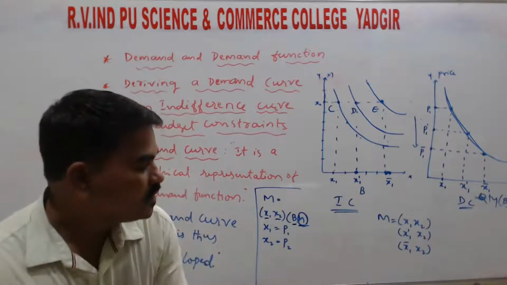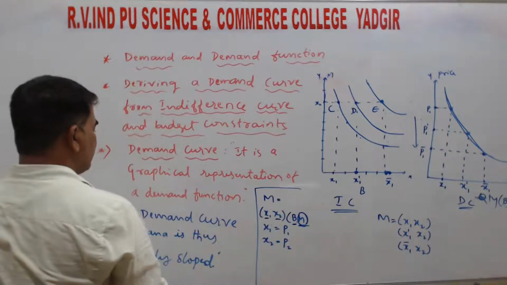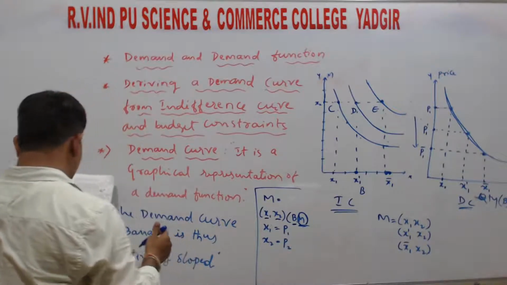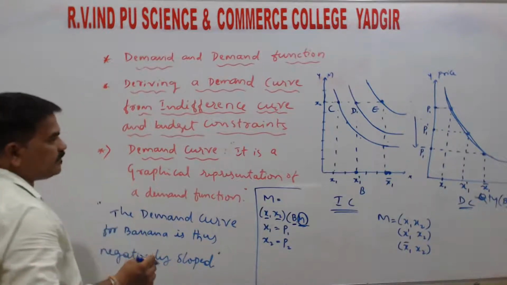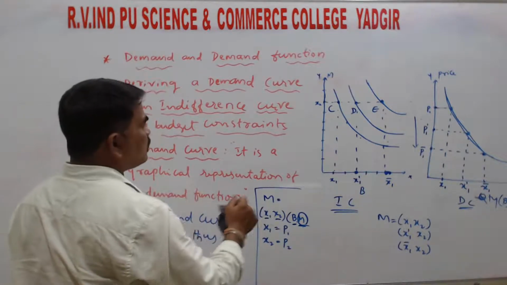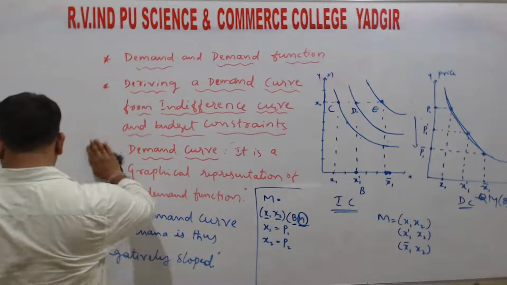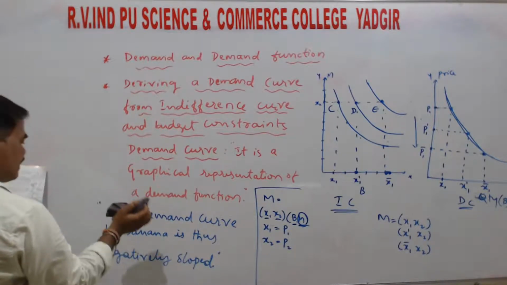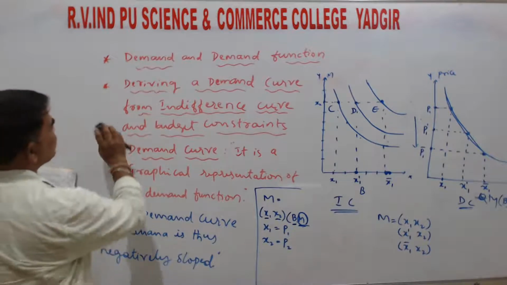Now, this negative slope of the demand curve can also be explained in terms of two effects. What are those two effects?